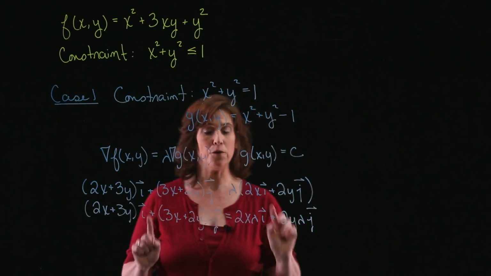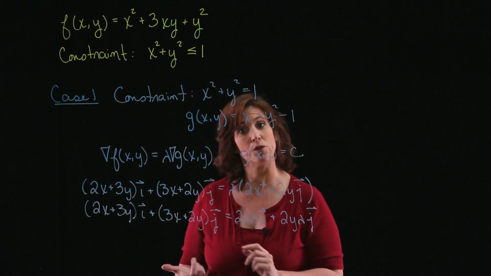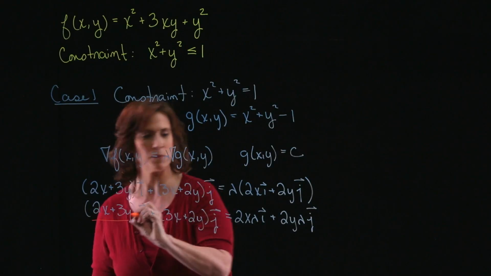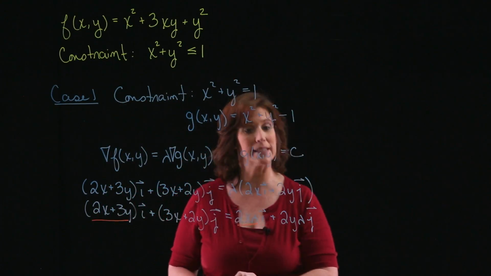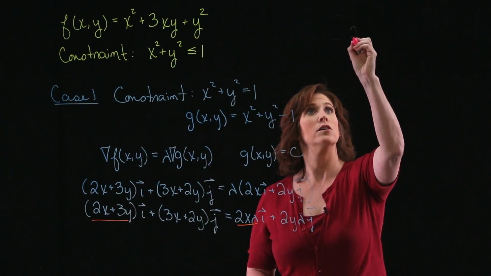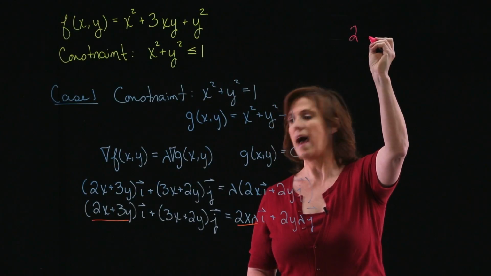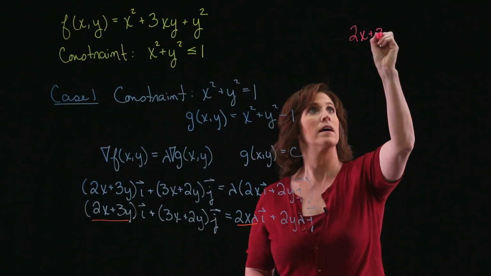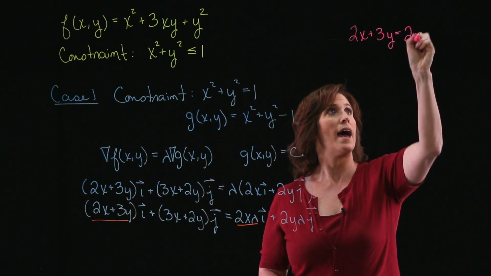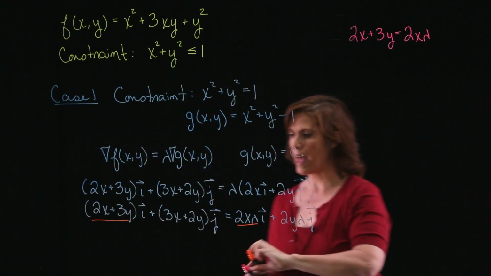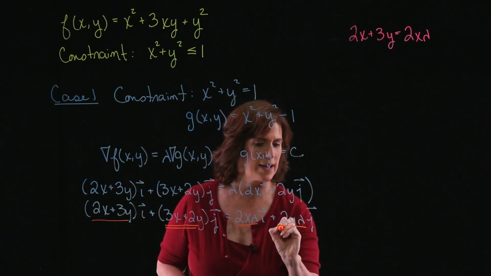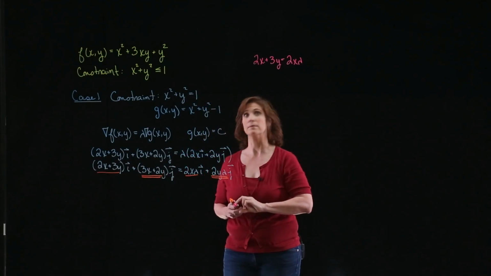All right, now I have two vector functions that are equal to each other, so their components have to be equal. So that tells me that 2x + 3y and 2x lambda have to be the same thing. So I'll write 2x + 3y = 2x lambda, and 3x + 2y has to be the same thing as 2y lambda.